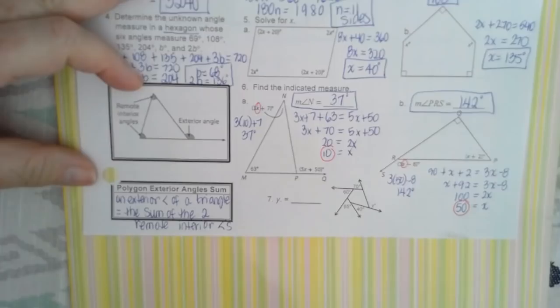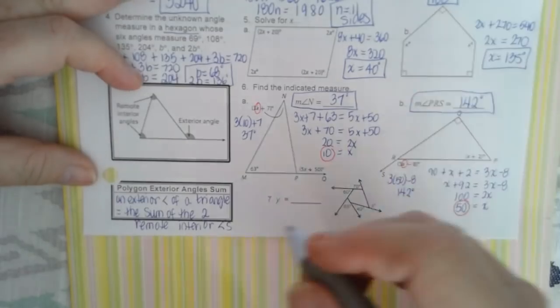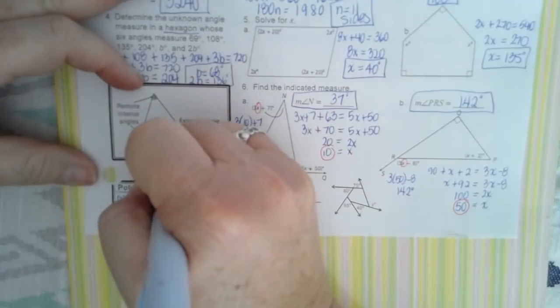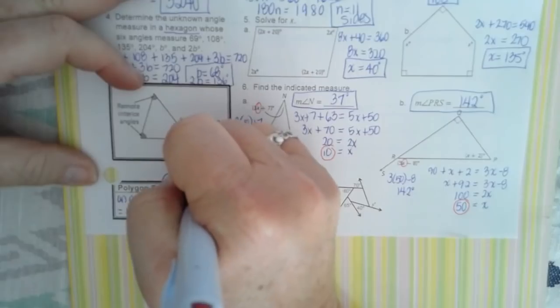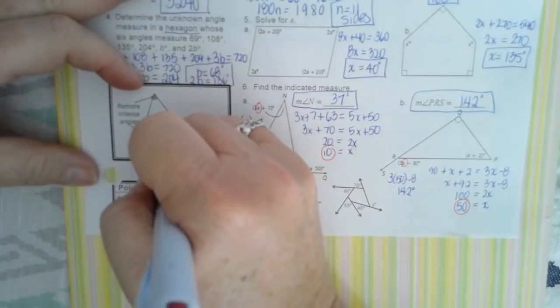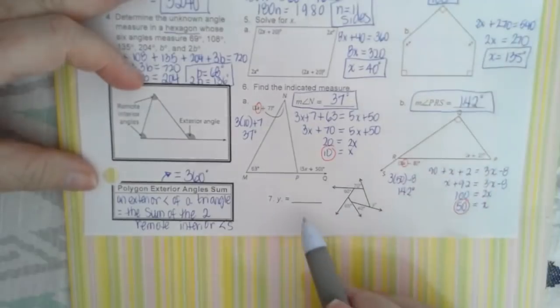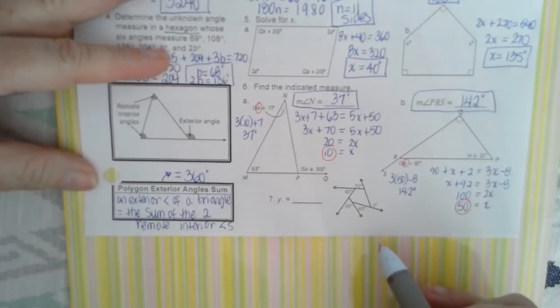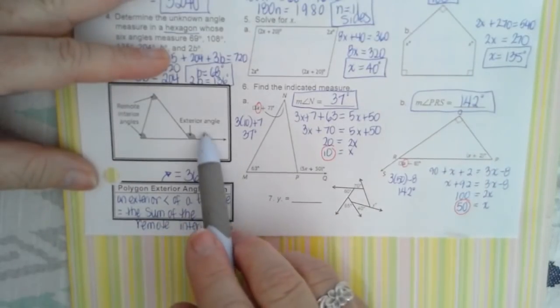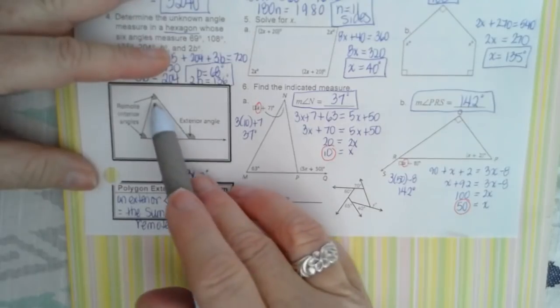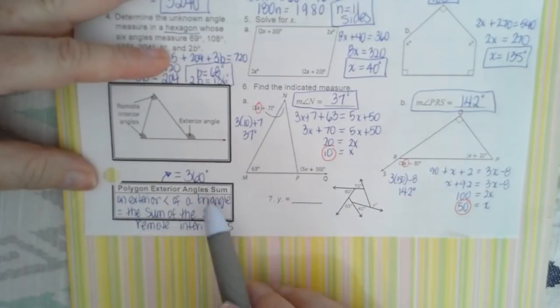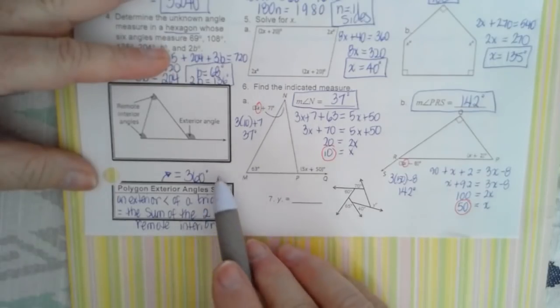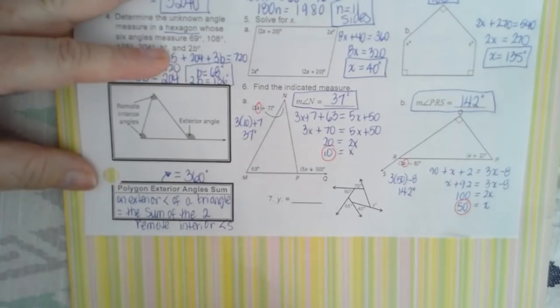Now, when we're dealing with polygons, the exterior angles of all polygons, it does not matter what kind of polygon we're talking about, they're always going to add up to 360 degrees. So with a triangle, the exterior angle is equal to the two remote interiors. But with any polygon, hexagon, it doesn't matter, all the exterior angles are going to add up to 360.